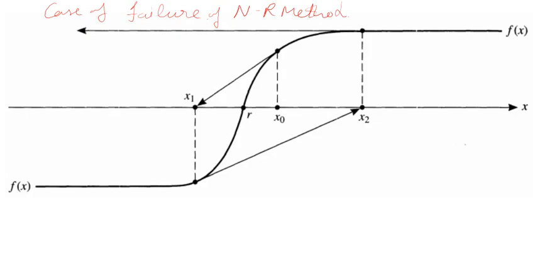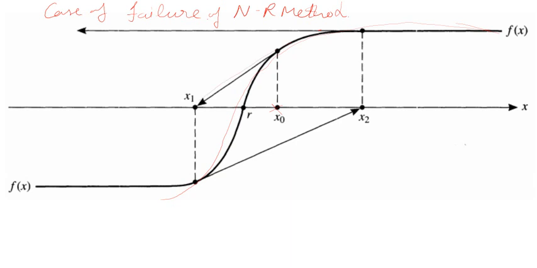Let's take one example of a case of failure of the Newton-Raphson method. Suppose you have the following graph of f of x, this f of x curve, and let's choose this x naught here. Now you have the corresponding f of x naught, and you get the tangent to this.